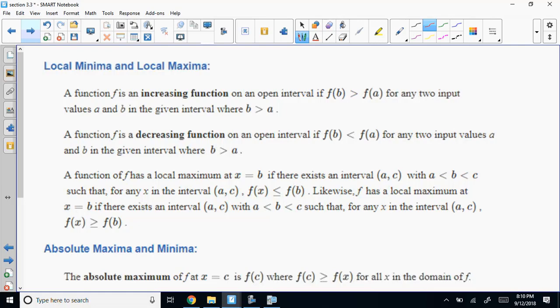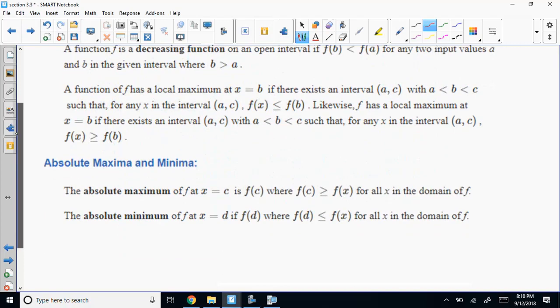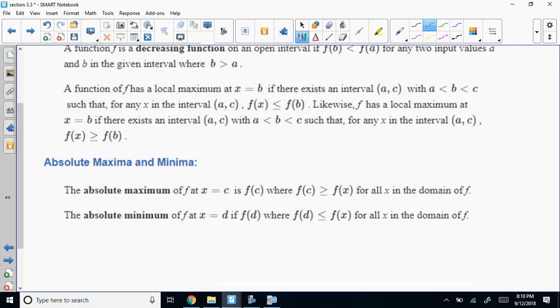Have y'all heard that term, global? They'll use absolute here. Absolute and global are the same terms. So you may have been taught global maximum or global minimum. It's absolute here.